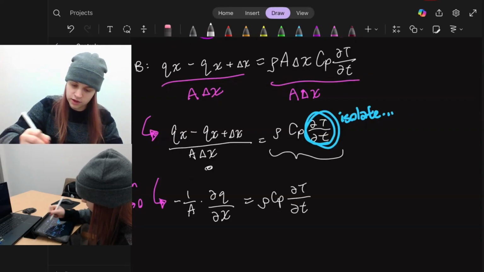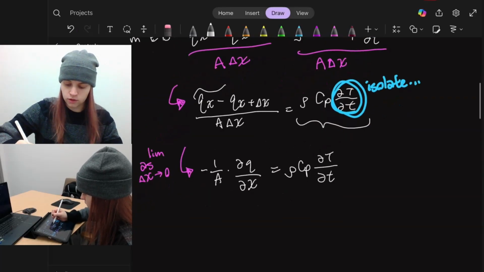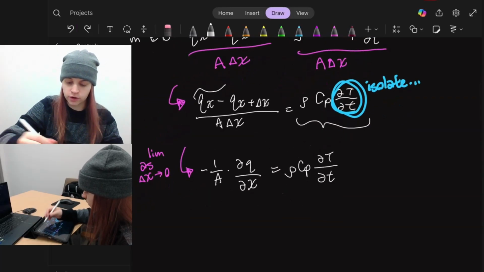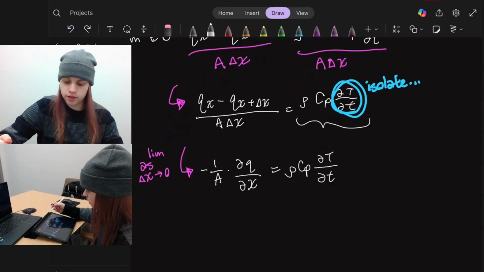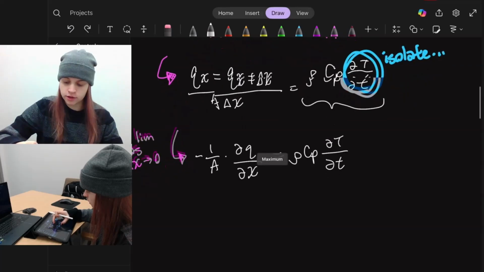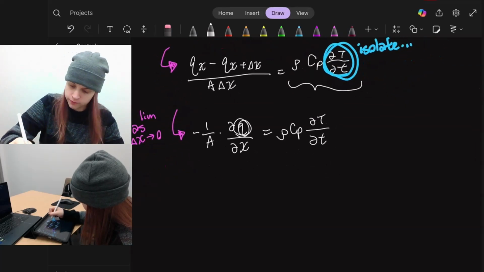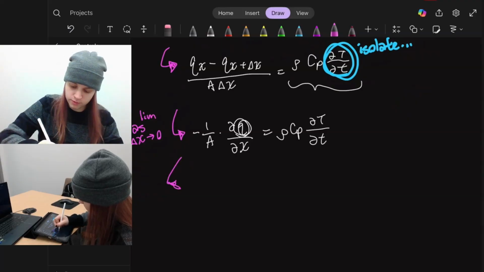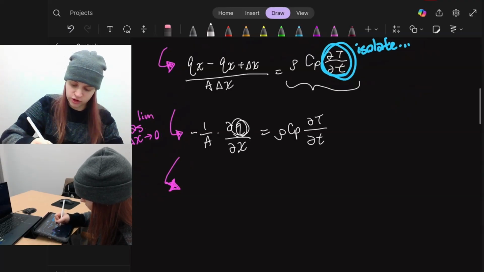This side is the one that changes. This will always be a very, very small negative number. And simplifying that further, this Q can actually be taken out. So I'll just keep drawing these arrows to show my steps changing.